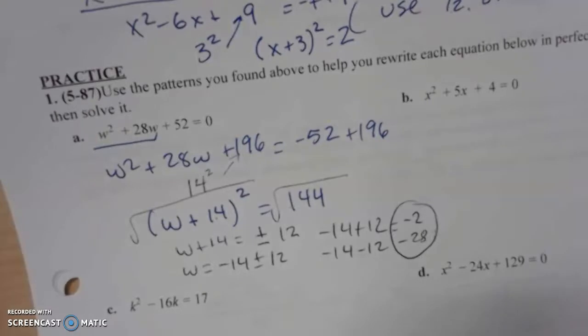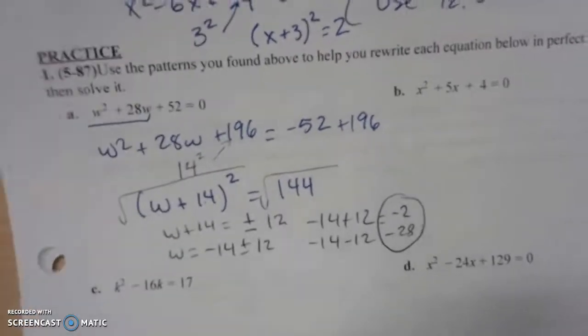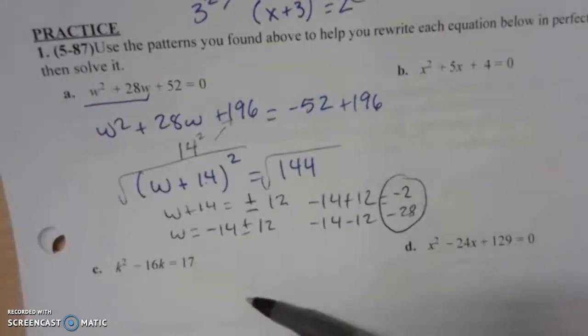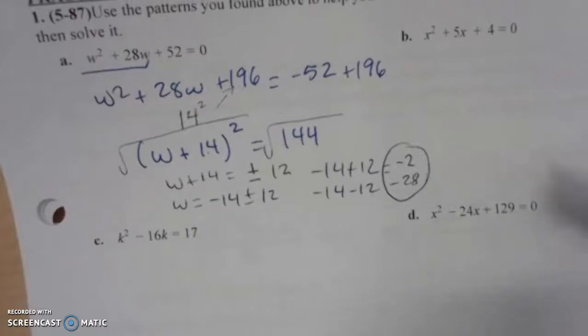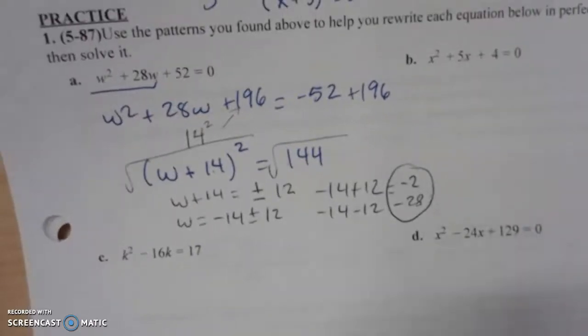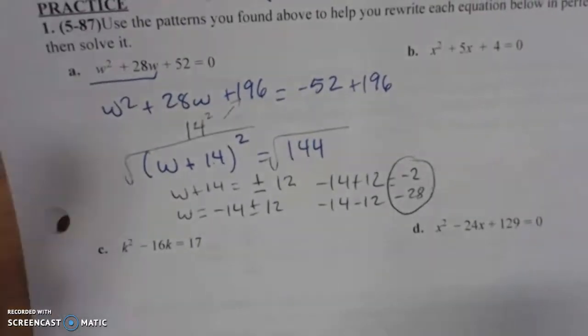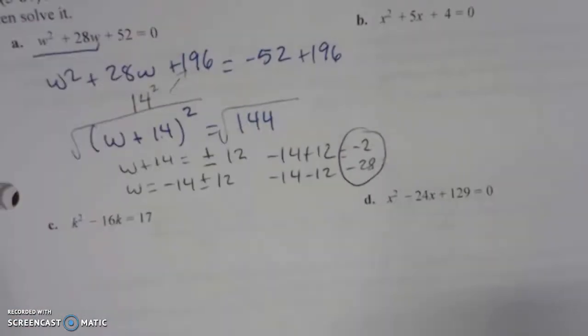Okay? I want you guys to practice, because we've done a lot of practice. We have part B, C, D, E, and then these problems down here. There's 5 problems to practice on your own. This is what you're going to take a picture of and submit for week 11.